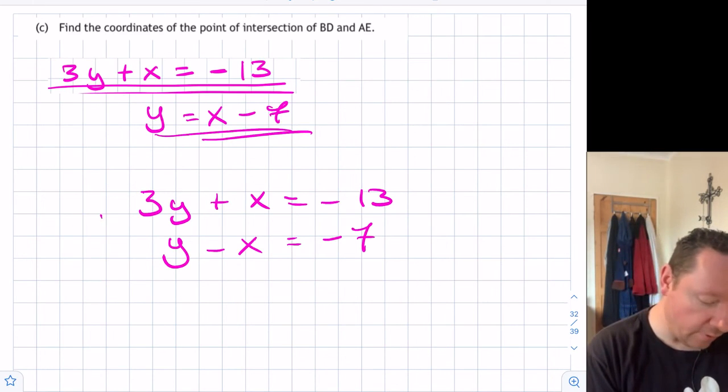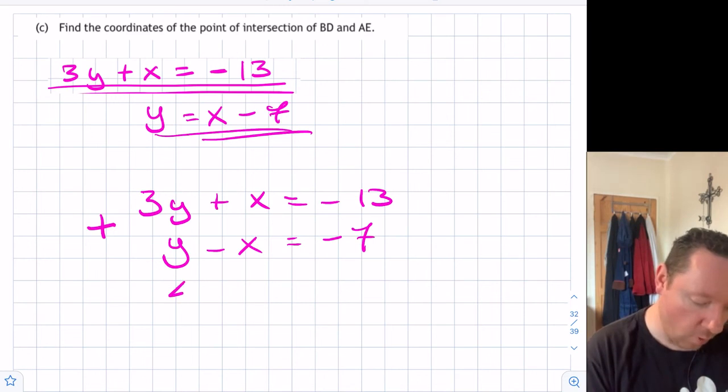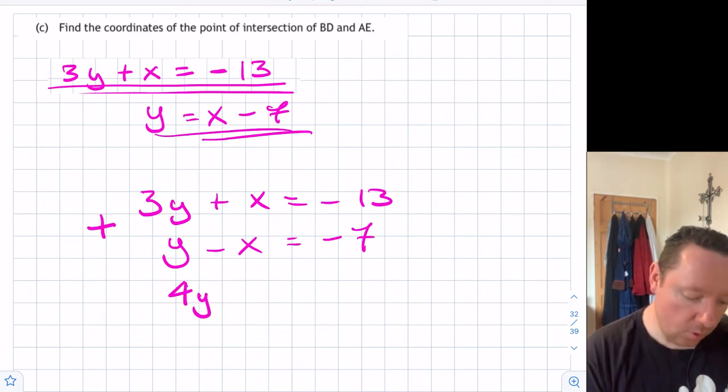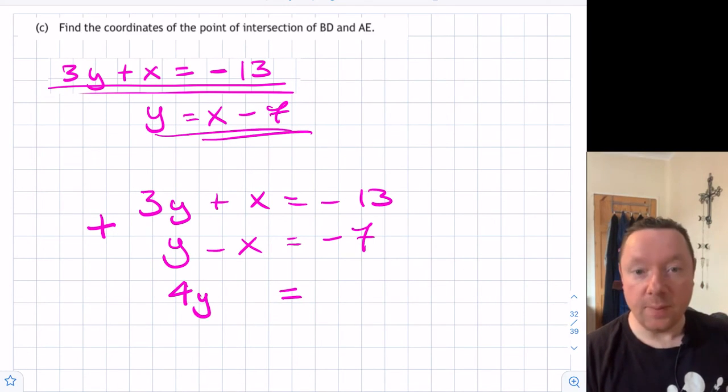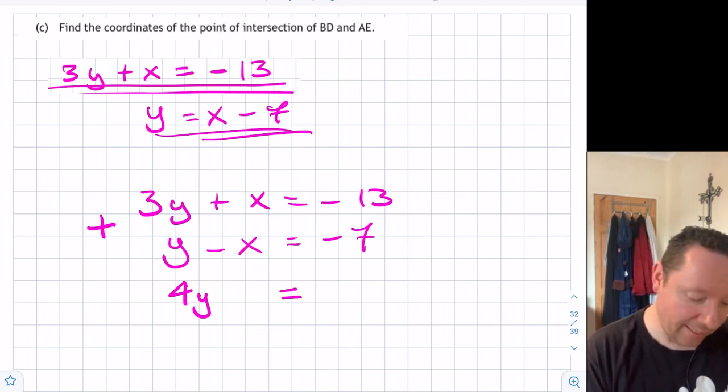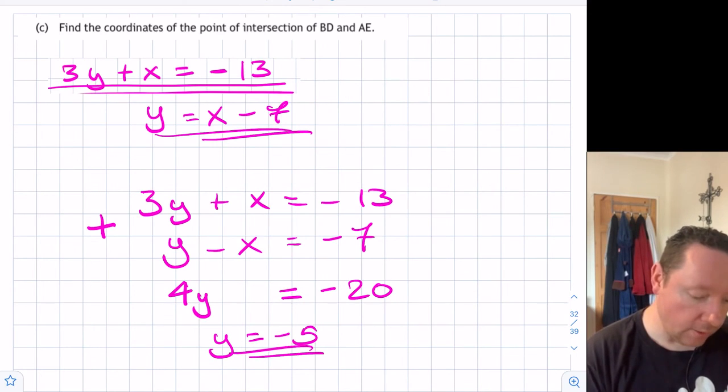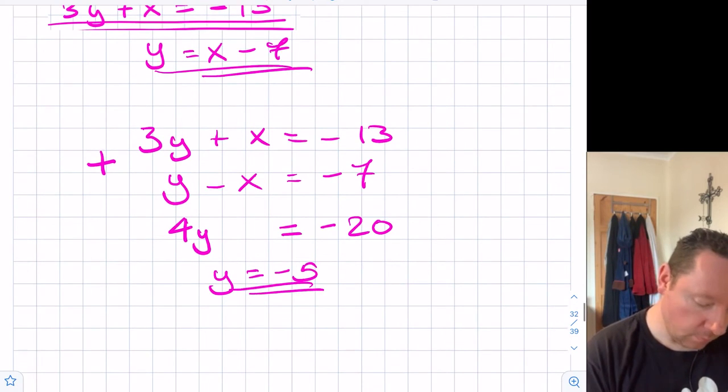I'm just going to add the equations together to get 4y equals minus 13 add minus 7, which is minus 20. And therefore y is equal to minus 5. Once we get our y, we can get our x. So the easiest one is y equals x minus 7.